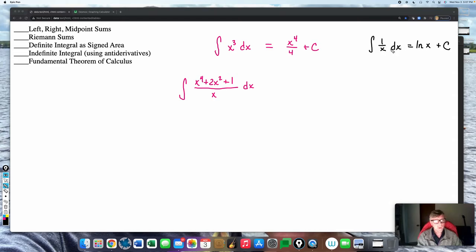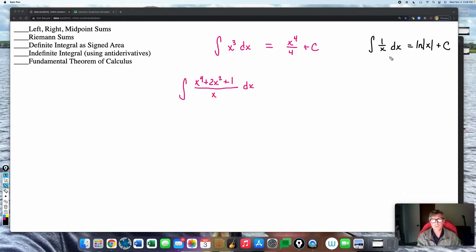Now, for reasons I don't want to explain in this video just yet, I want to make sure that you understand that since x could be negative on the function's graph, you can't have a negative x value in a logarithm, so what we do instead is we take the absolute value of x. Okay, so now the domain of the original function and the domain of the antiderivative are exactly the same. This is defined everywhere except at x equals 0.